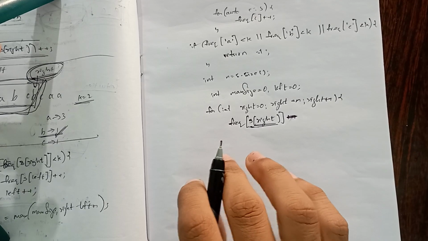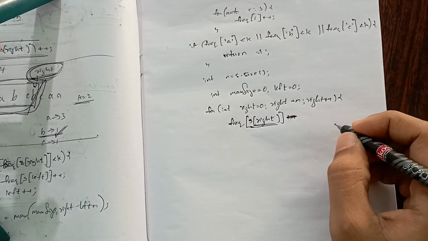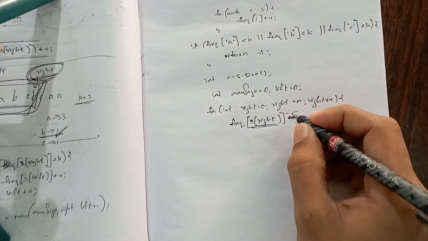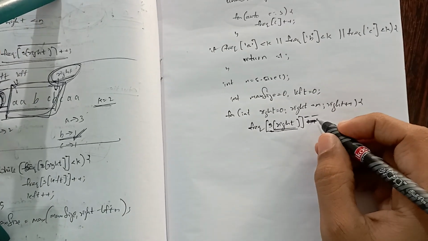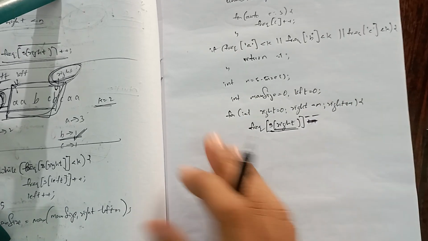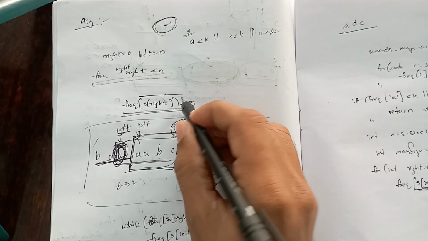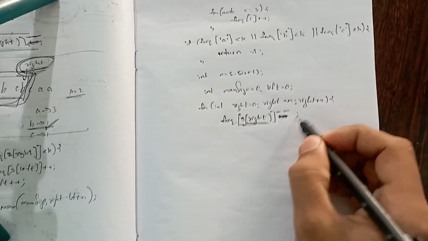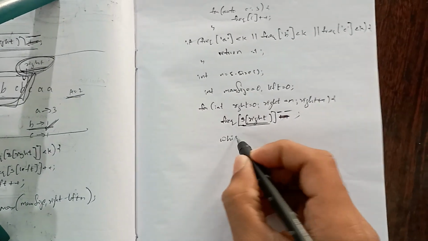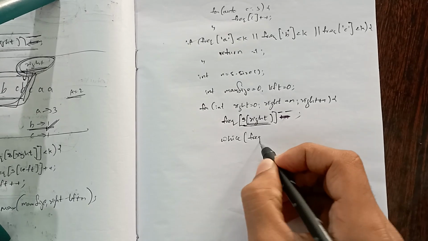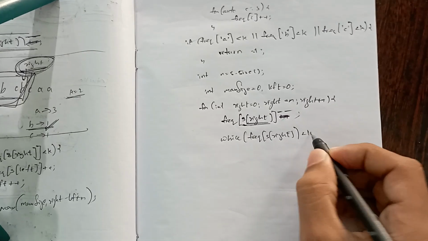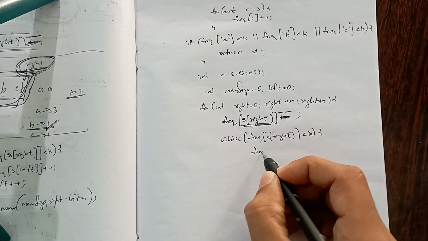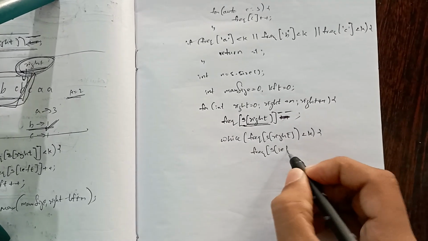We need not take the character S of right's character in the sliding window, so here it will be minus minus. We need to decrement the character count, and then while the frequency of S of right is less than k, we need to shrink our window.